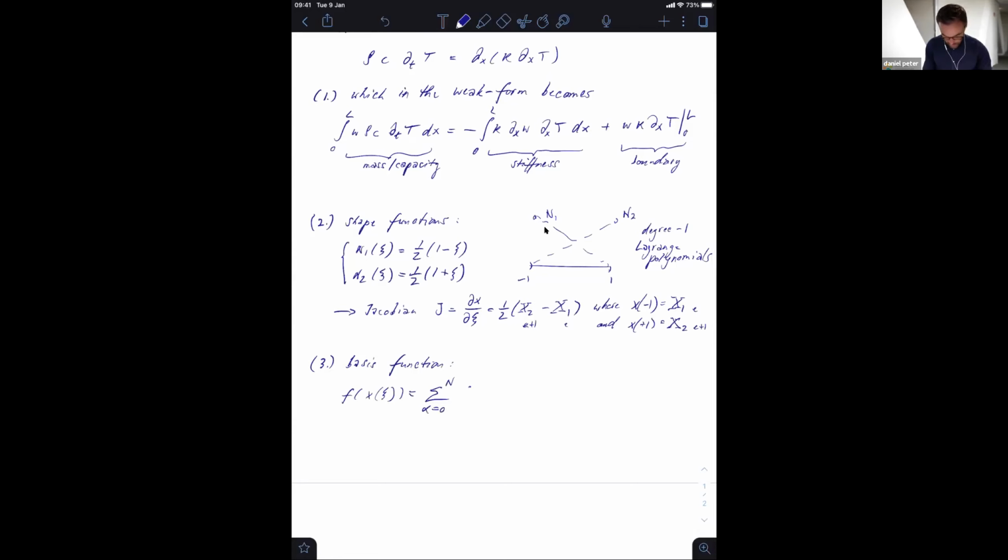And in particular, we use these Lagrange polynomials, L alpha of degree n of psi. So here, these are these Lagrange polynomials.